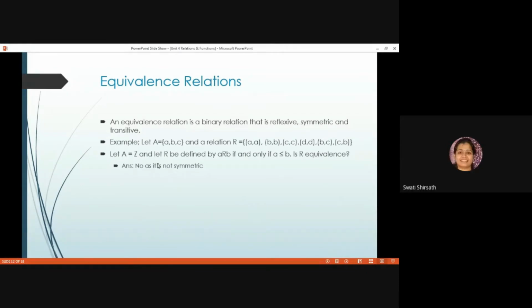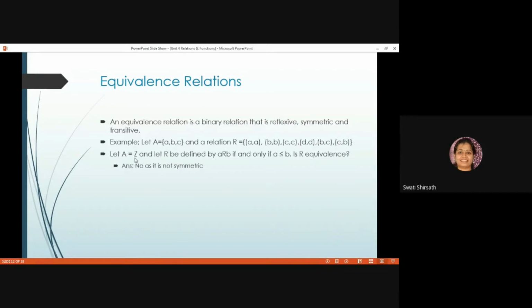Okay. Now let's take this relation. Let A is equal to Z, Z is the set of integers, and R be defined by aRb if and only if a is less than or equal to b, and we have to check whether it is an equivalence relation or not. Okay. So here the particular set is not given to you.